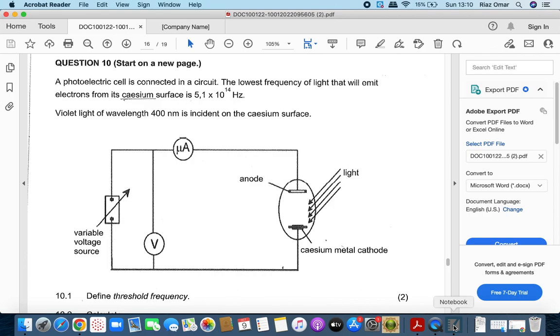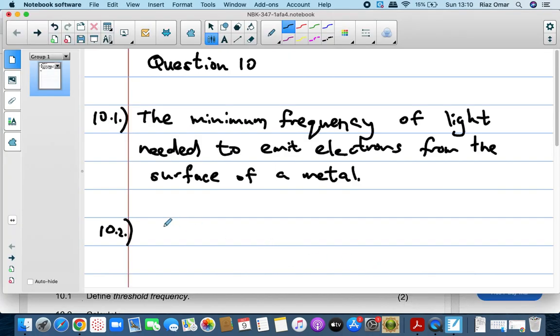Let's write it down. We must calculate the work function. Work function equals h f0, where f0 is the threshold frequency and h is Planck's constant, which you should know. If you don't know h, look at your data sheet.